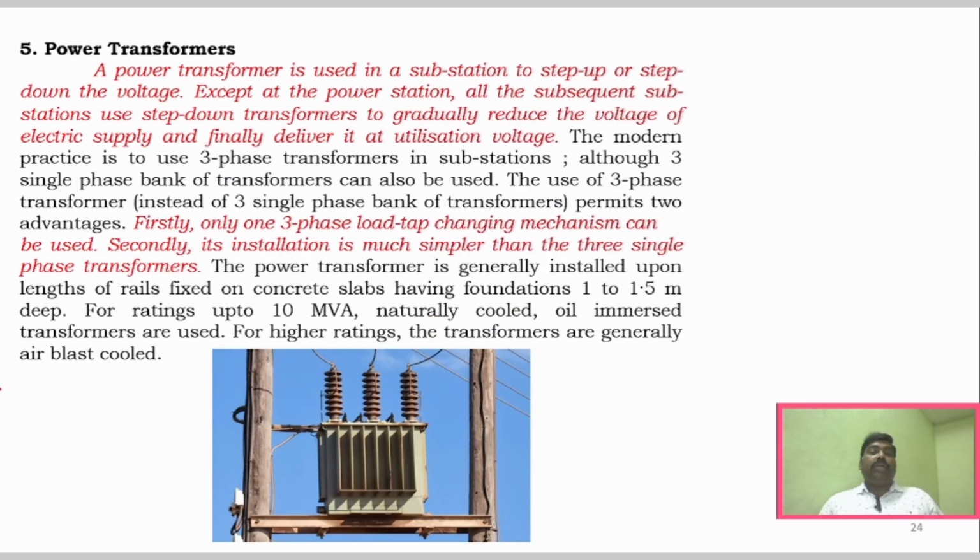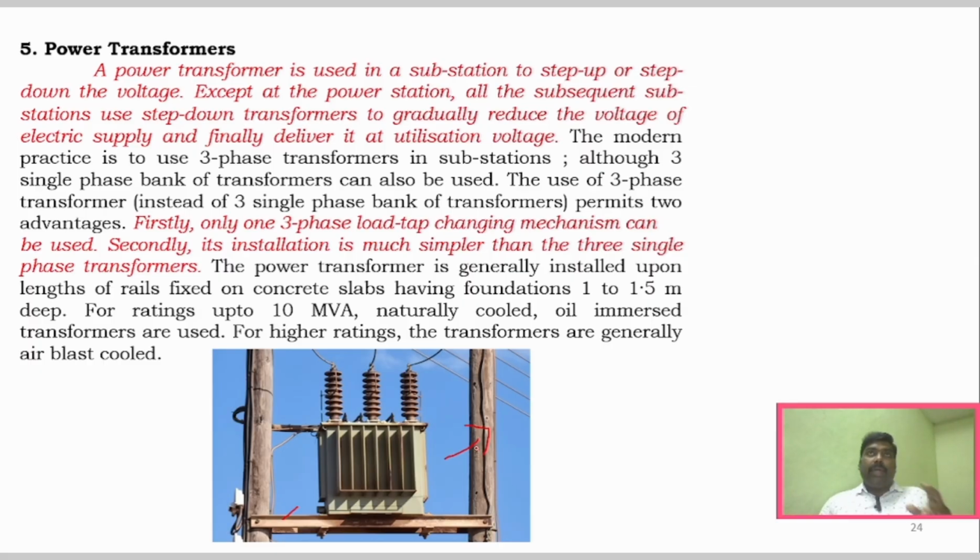And power transformers, as I said, can be step up or step down, and in a complete electrical supply system you will have only one step up transformer, whereas the other parts are step down transformers. And these step down transformers normally will be installed upon a length of rails like this. This is the normal installation of power transformers.